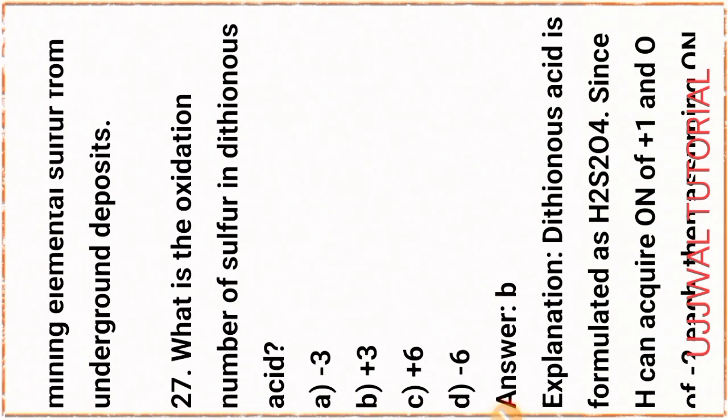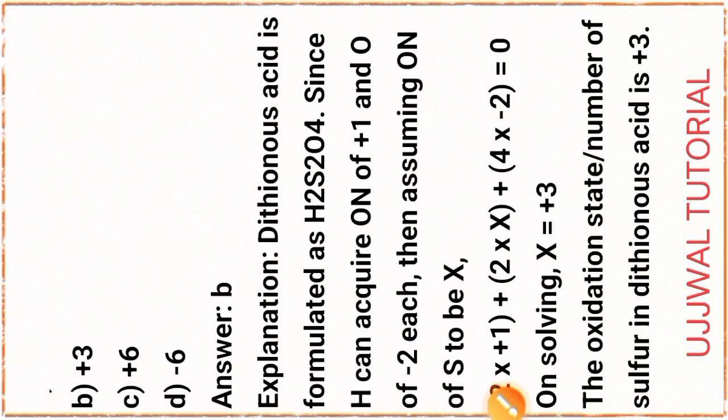Next question, number 27. What is the oxidation number of sulfur in dithionous acid? Option B, +3. Let me explain this part: dithionous acid is formulated as H2S2O4.